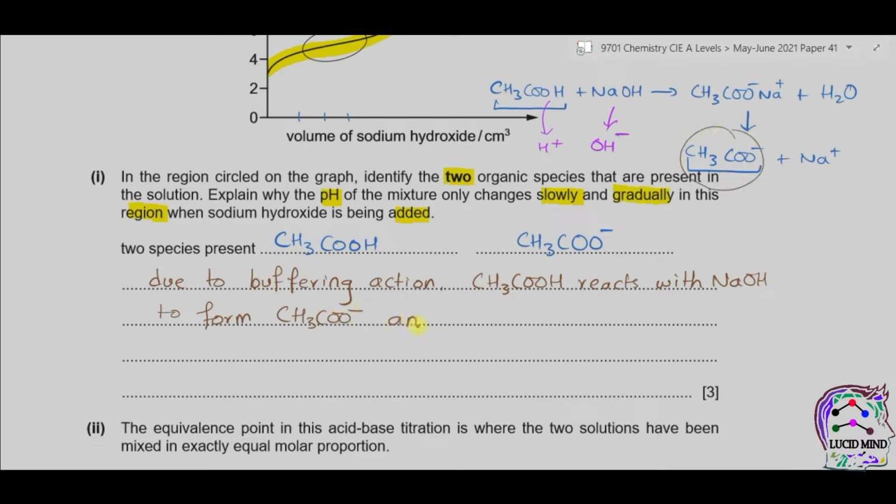So now as the product is being consumed into water, this equilibrium will shift to the right direction. Then more H positive ions will be formed and more OH negative ions will be converted into water, therefore there is less change in pH.